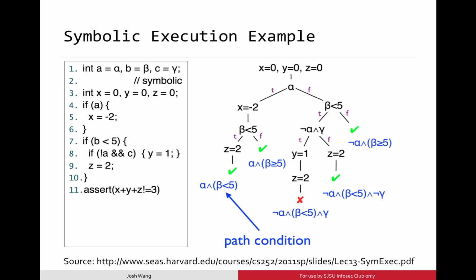If that's true, then you do not A, then gamma. If it's false, then you don't do anything inside here. So you can follow this whole tree down, and there are basically 5 path conditions that are possible in this code snippet. Hopefully this makes it clearer what symbolic execution is.